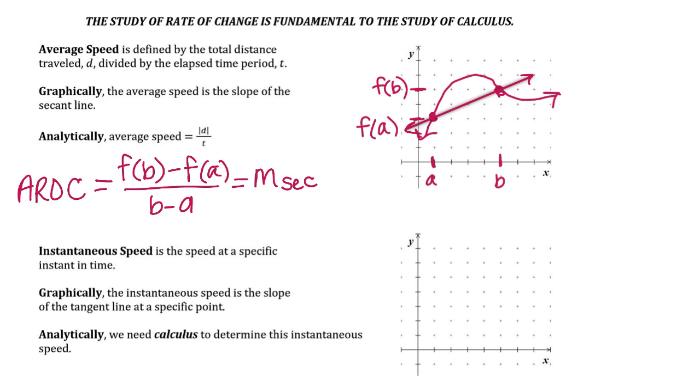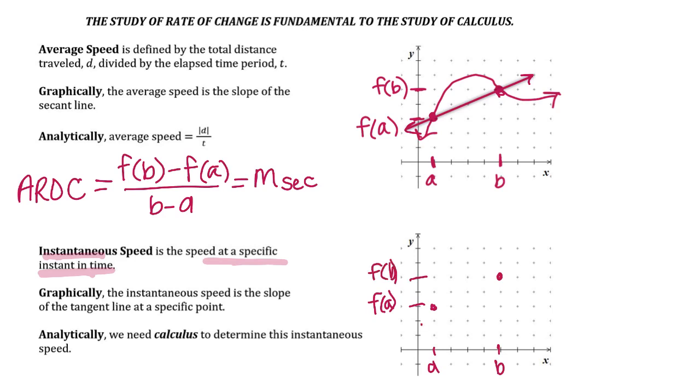And now let's talk about instantaneous speed. That is talking about a specific speed in an instant, at a moment in time. So let's draw that graphically. What would that look like? Well, you've got, again, a, and then you've got some point over here, f at a. And then you've got b, and then somewhere up here, maybe f at b.